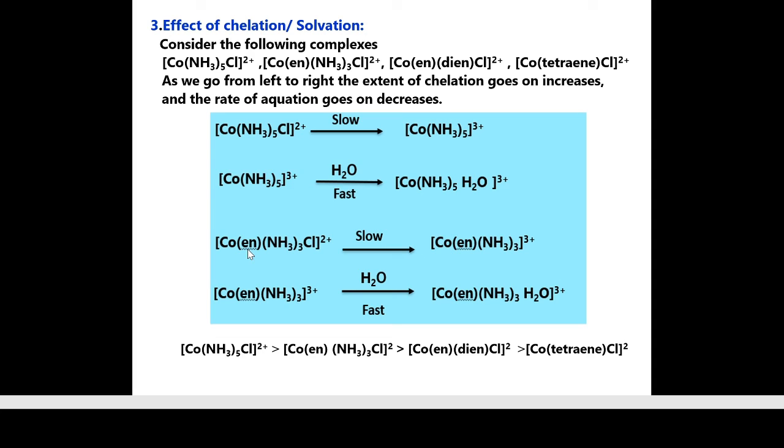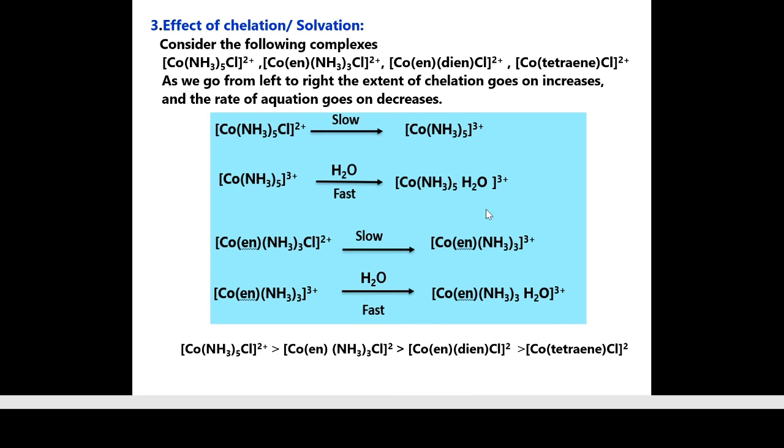There are two complexes here. This complex contains only a monodentate ligand, and this complex contains a bidentate ligand. In this case, the intermediate is bigger, the extent of hydration is lower, and the RDS is slower as compared to this one.